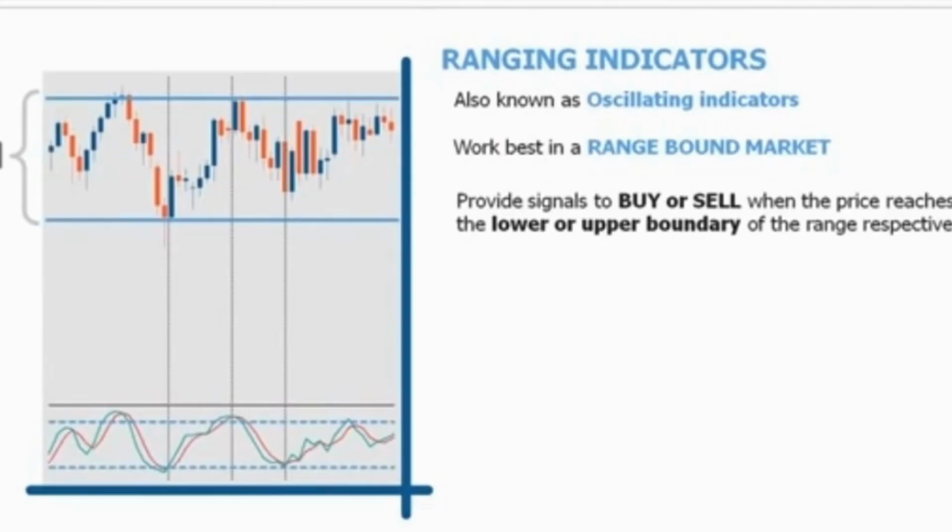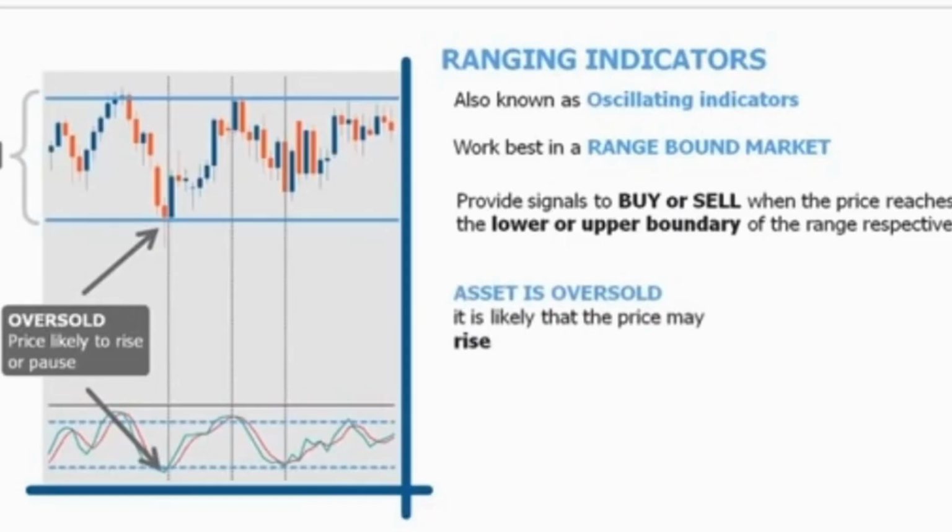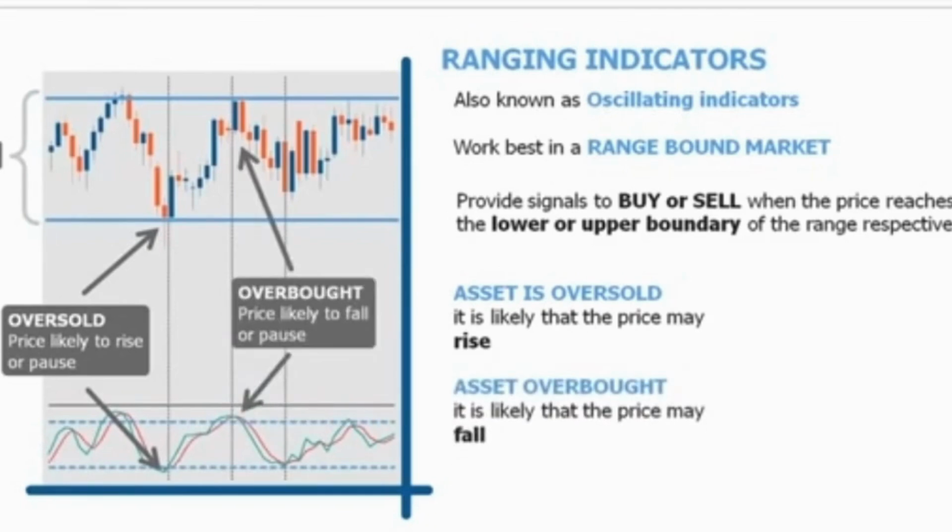When the indicator reaches the lower level, this signals that the asset is oversold and the price may move back up into the range. When the upper level is reached, this indicates that the asset is overbought and that the price may move back down into the range. This example uses the stochastic oscillator that shows overbought and oversold conditions in a ranging market.